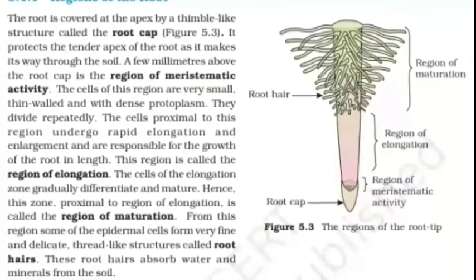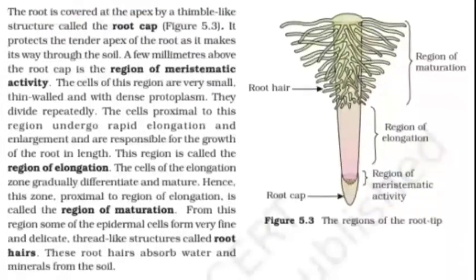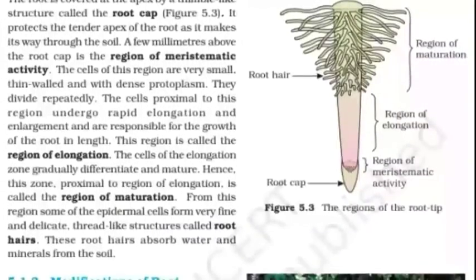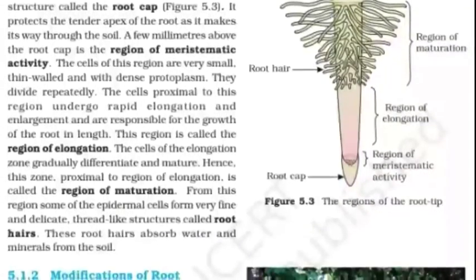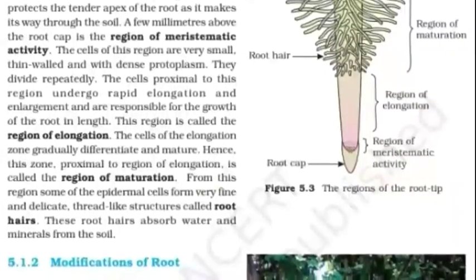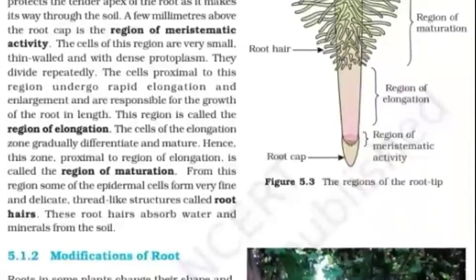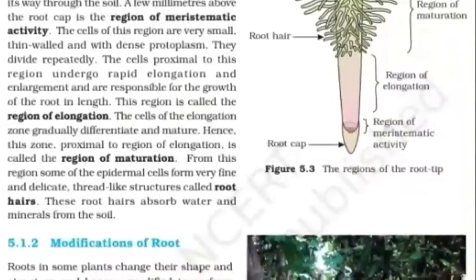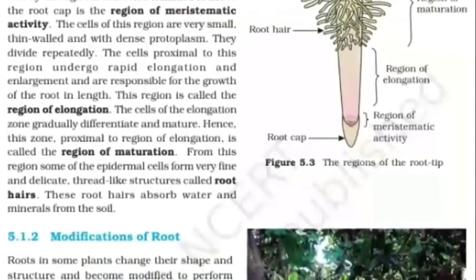The cells of this region are very small, thin-walled, and with dense protoplasm. They divide repeatedly. The cells proximal to this region undergo rapid elongation and enlargement and are responsible for the growth of the root in length.